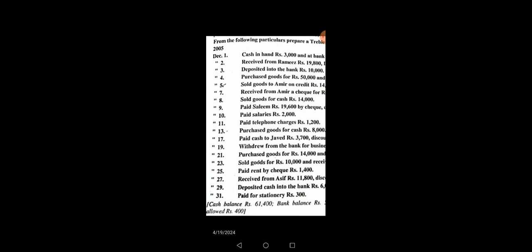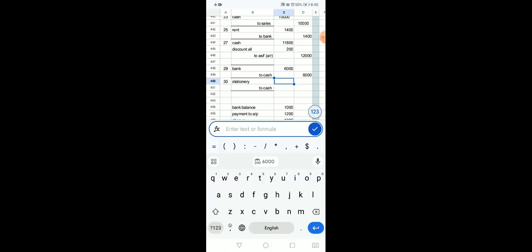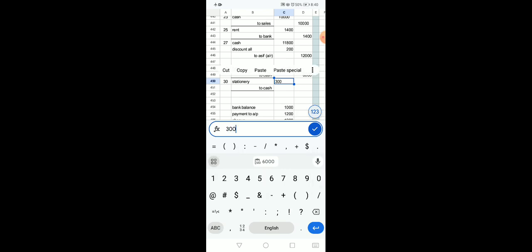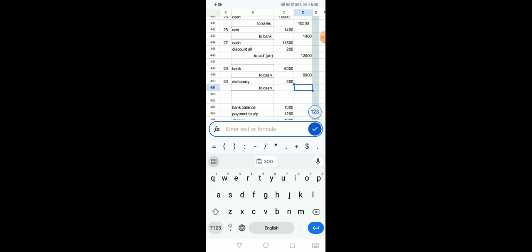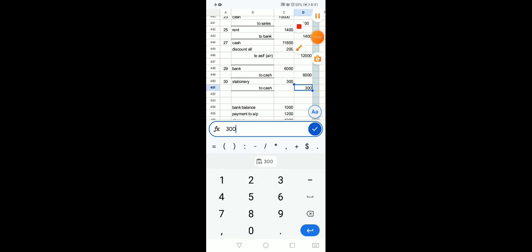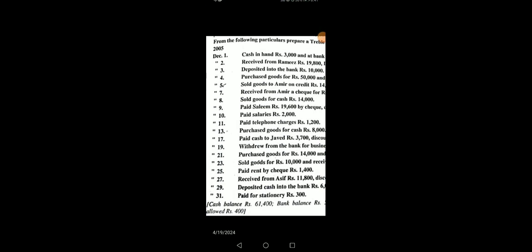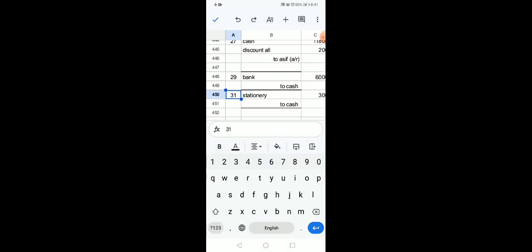Let's see how much the amount for the 31st entry is. That is 300. So you will mention 300 over here on debit side, and the same amount you will post on credit side. Alright, now you can see the entry has been completed. Please excuse, 31 was the last entry and we have completed 31 entries.